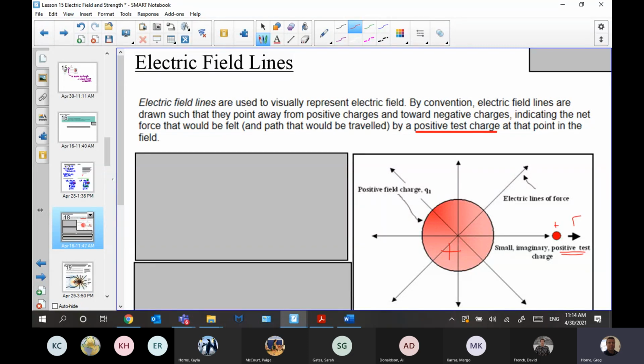It's going to have an electric force, Fe, on it that's to the right. It's going to repel. So field lines show what direction, at least, a positive test charge would go if it was in that electric field. Okay, so that's the starting point of showing field lines.